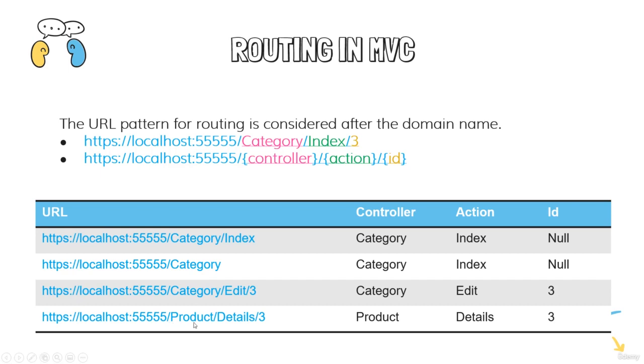The last one, we have controller product, action details, and we have ID as 3. So with that, if you get a URL, now you can identify what is the controller name, what is the action name, and if there is an ID or not. So with that brief understanding of routing, let's actually run our application and see routing in action in the next video.